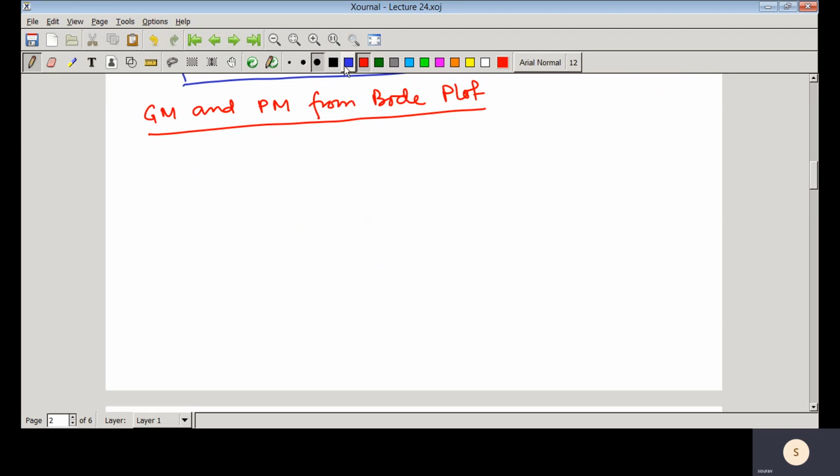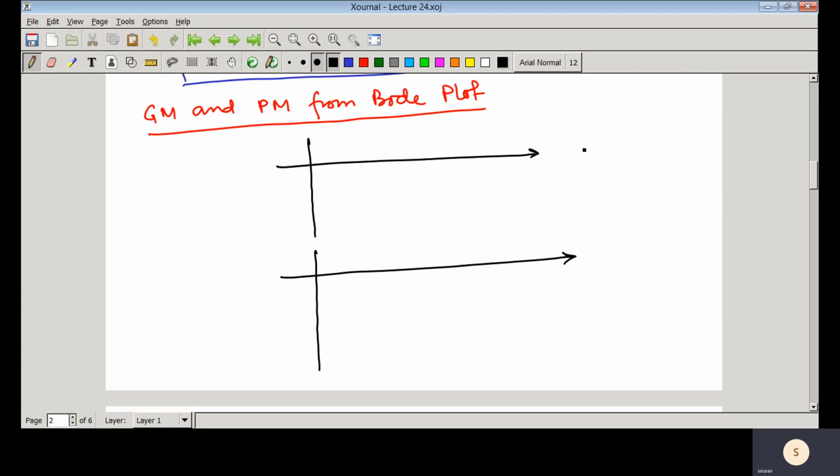So let us first draw the Bode plot. In the Bode plot we have two axes. One is gain, another one is phase.